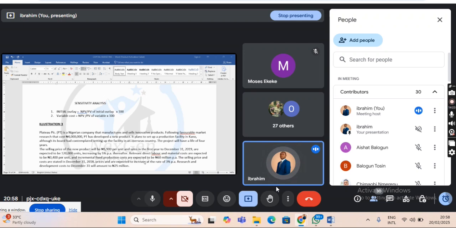Because if it increases more than 30%, it could make the NPV become negative. Because variable cost will increase, and when your variable cost increases, it will reduce the cash inflow. So with that, the NPV will be negative. And that is the interpretation.